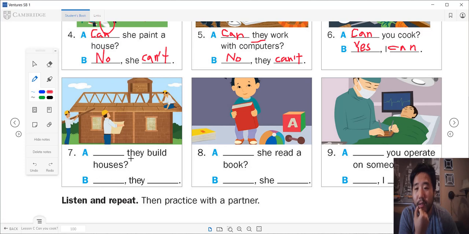Blank, they can. So there are 3 construction workers, so we use the pronoun they. So can they build houses? They're construction workers, so they should be able to. So yes, they can.